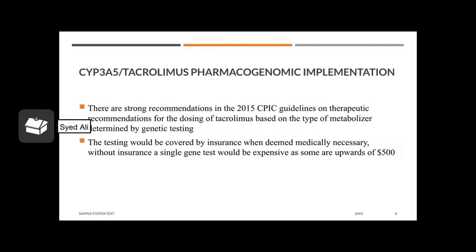When it comes to the drug-gene interaction, there are strong recommendations in the 2015 CPIC guidelines on therapeutic dosing for tacrolimus based on the type of metabolizer determined by genetic testing, which can include extensive metabolizer, intermediate metabolizer, and poor metabolizer. The testing would be covered by insurance when deemed medically necessary, and without insurance, a single test would be expensive, and some of them are upwards of $500.